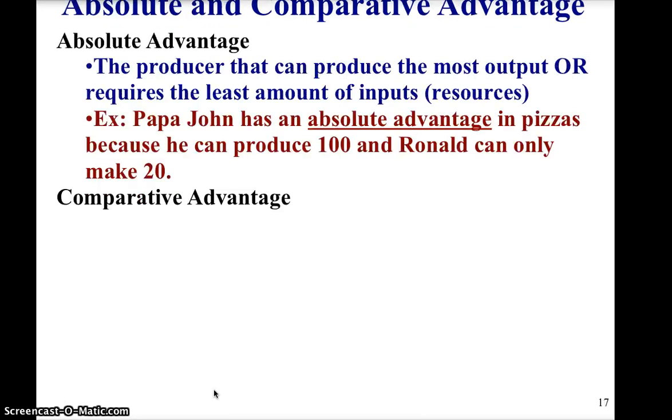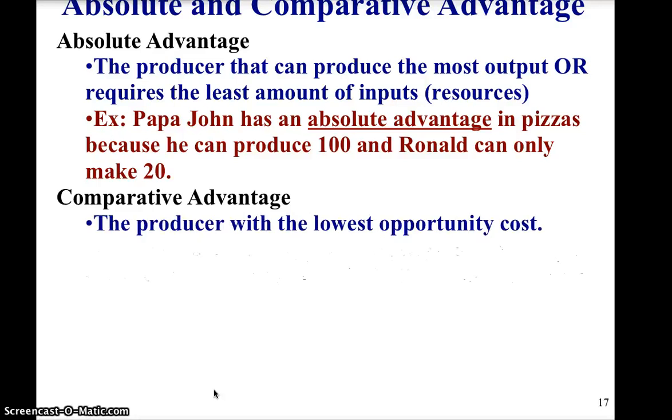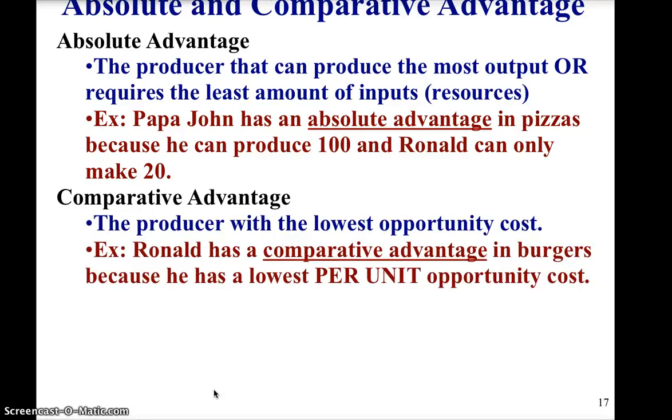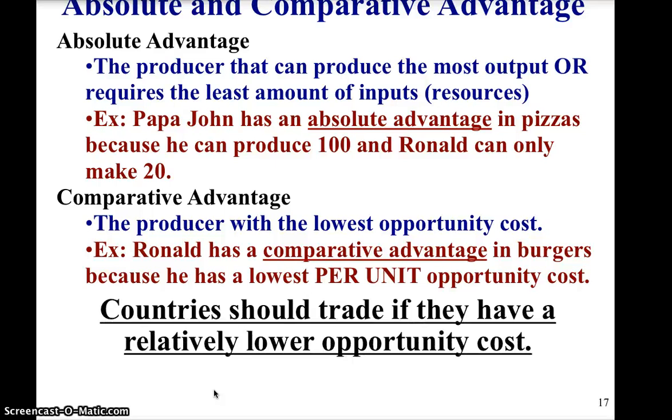So, even though Papa John has an absolute advantage in pizzas because he can produce 100 and Ronald can only make 20, comparative advantage is a little bit different. It has to do with who has the lowest per unit opportunity cost. So countries should trade if they have a relatively lower opportunity cost in a certain product.